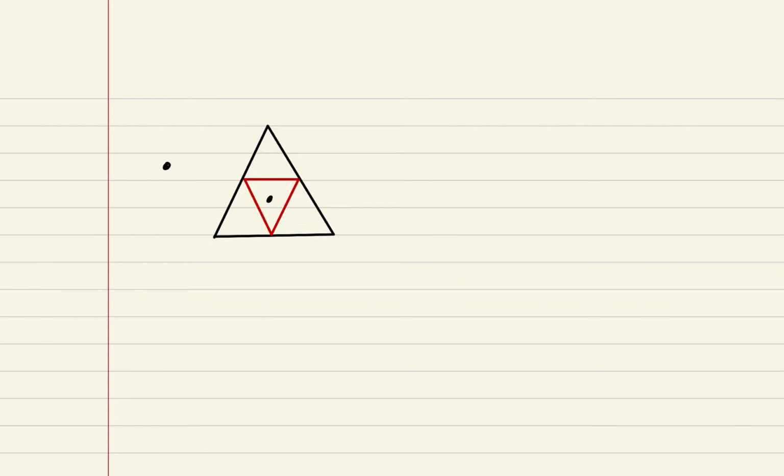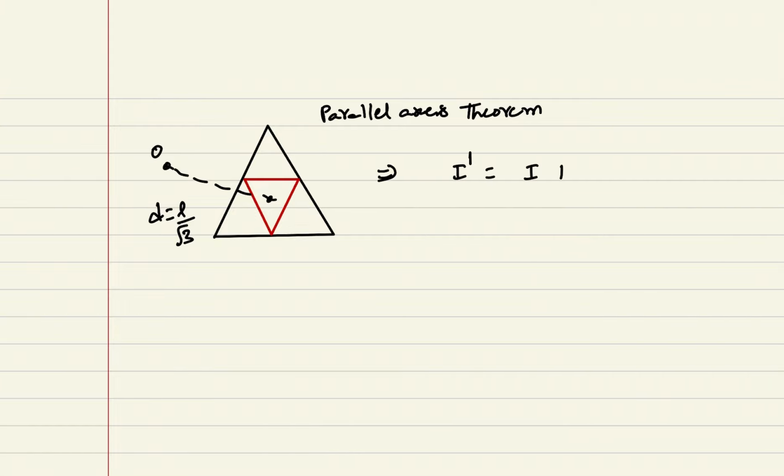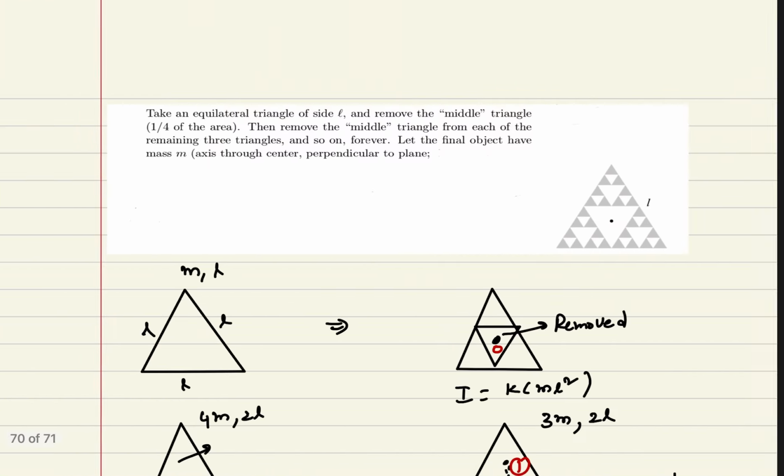You can observe that about this point d is equal to L divided by root 3. I can write from the parallel axis theorem, moment of inertia about point O, I dash is equal to I plus, I means this fractal object, plus m into L divided by root 3 whole square.